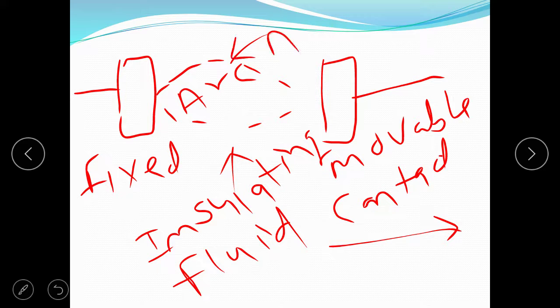This is air gap or a gap between the contacts. So insulating fluid serve two functions. First is it extinguishes the arc between the contacts, and second function is it provides insulation between the contacts or contact to the earth.